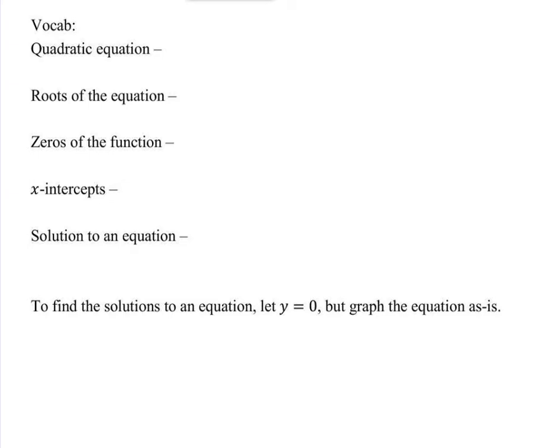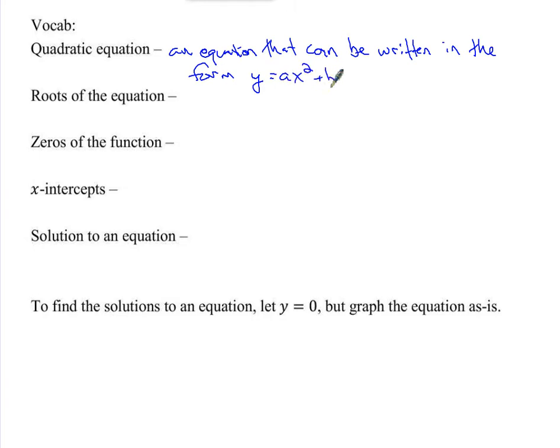All right, we have a bunch of definitions that we need to write down here. And they're all wildly different from each other, so make sure you're paying attention. The first one is a quadratic equation. A quadratic equation is just an equation that can be written in the form y equals ax squared plus bx plus c.